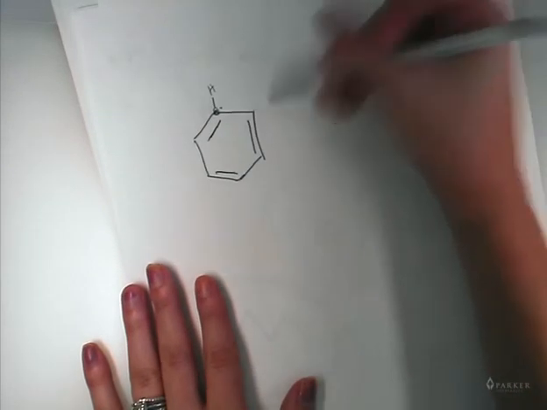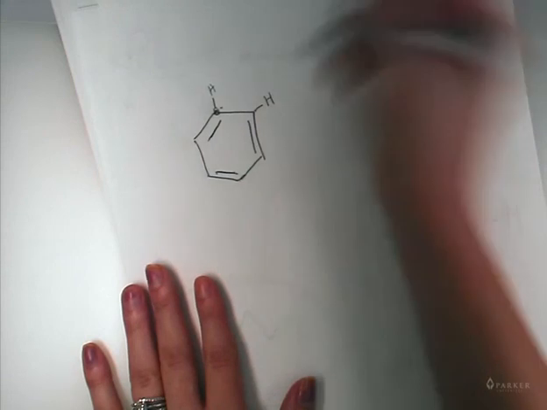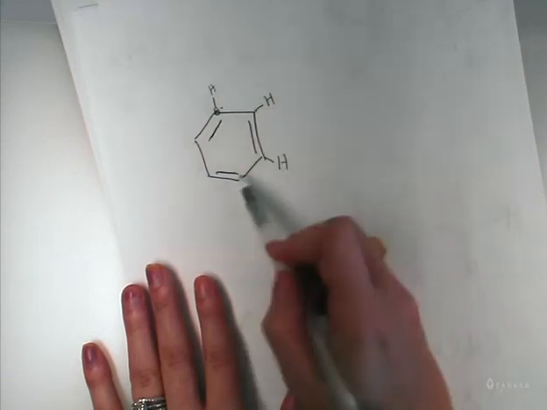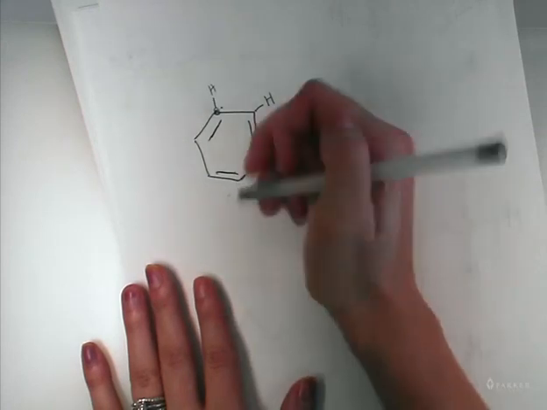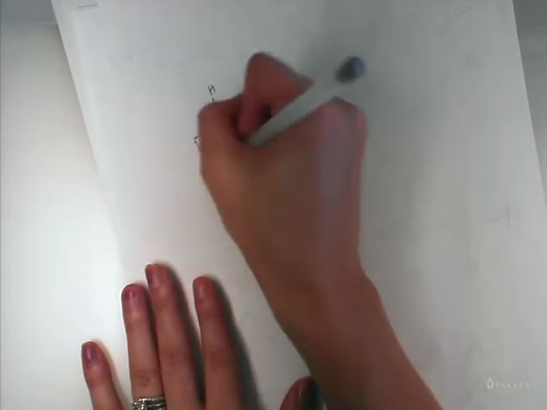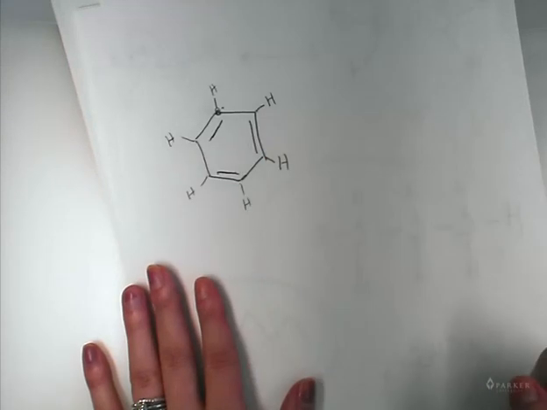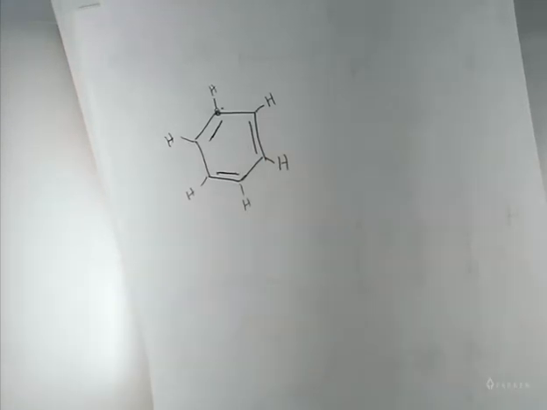This one, same, needs 1 more. Here, 1 more. Here, same. Anyway, all the other ones are the same. So unless it actually has a charge, carbon will always have 4 bonds around it.